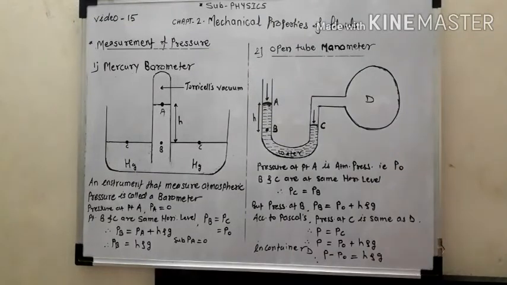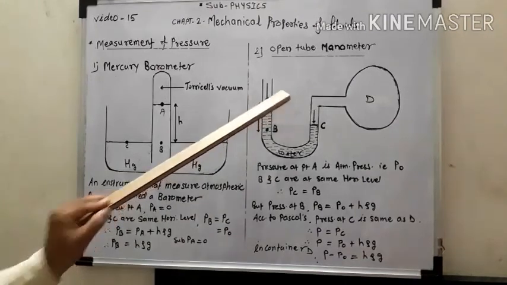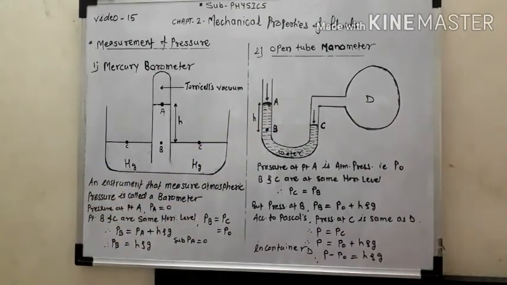Now the pressure at point A is the atmospheric pressure, which is nothing but P0, because this arm is open to the atmosphere.